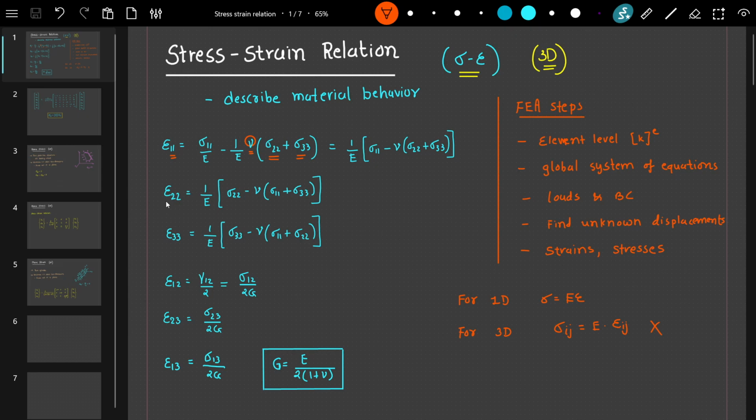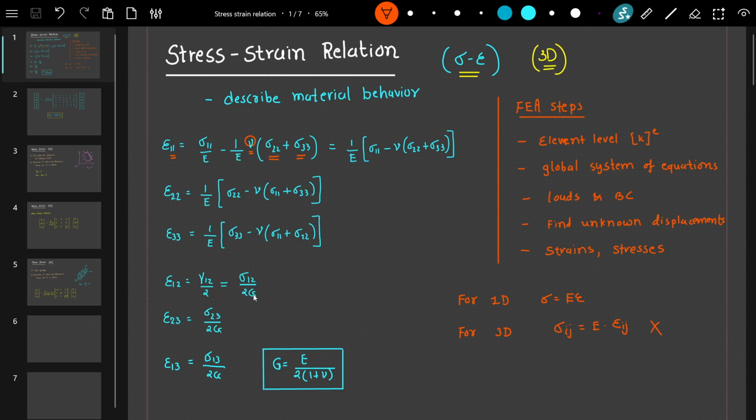Similarly, we can write strains epsilon 22 and epsilon 33. For the shear strain component epsilon 12, which is equal to shear strain divided by 2, gamma 12 by 2, and gamma 12 is sigma 12 by G, the shear stress divided by shear modulus.